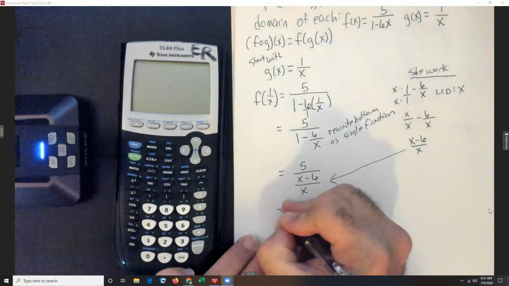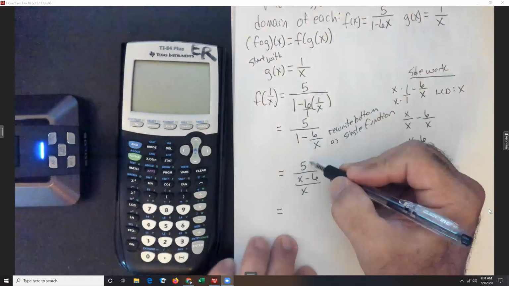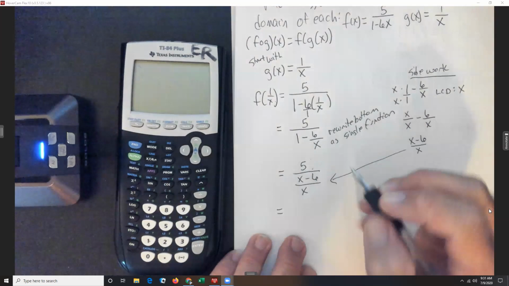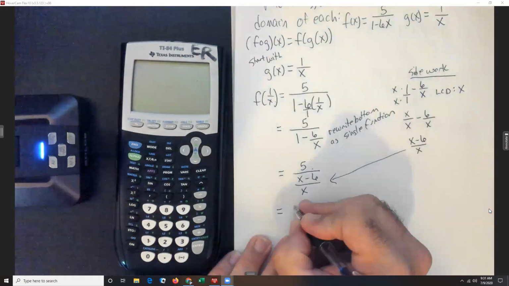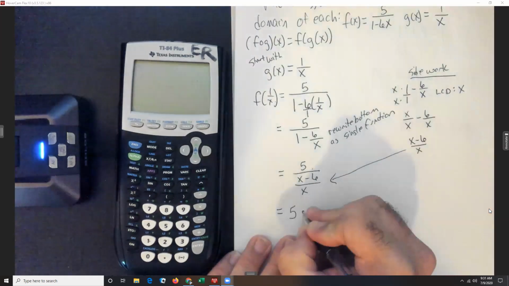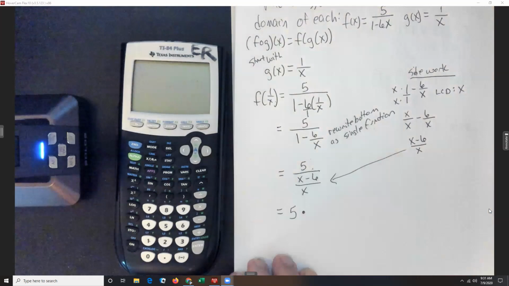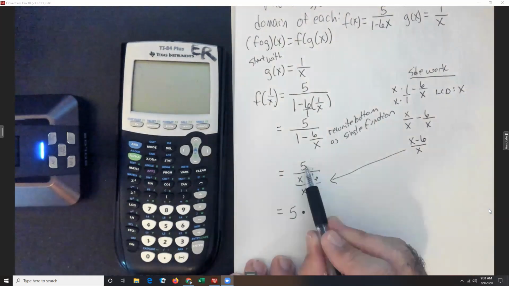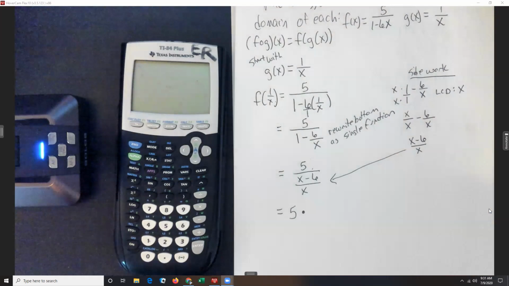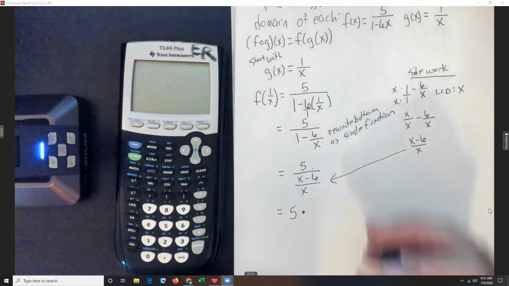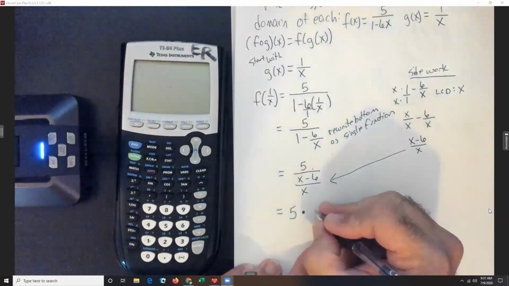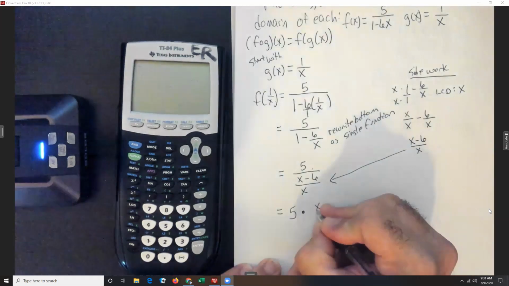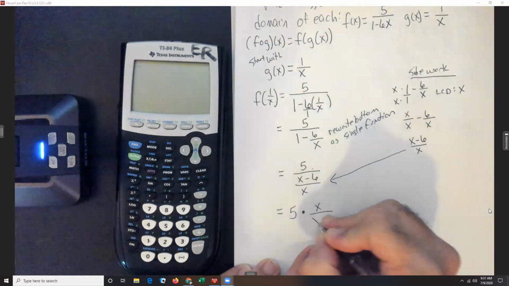So remember, this is a 5 divided by x minus 6 over x. Can I not do this? Change that to multiplication. So I'm going to change from division to multiplication. But if you change from division to multiplication, you got to flip the bottom fraction so that you get an x over x minus 6.